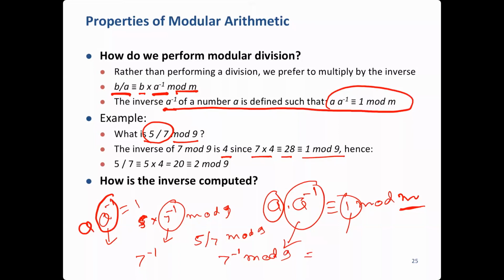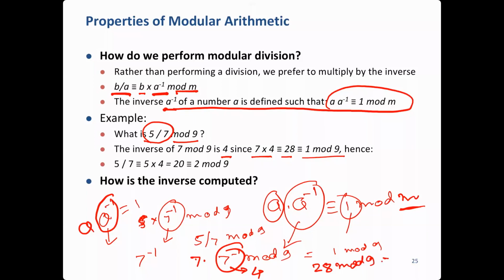It should give you 1 mod 9. So 7 into 7 inverse should give you 1. So 7 inverse would become 4. So 7 into 4, 28 mod 9.